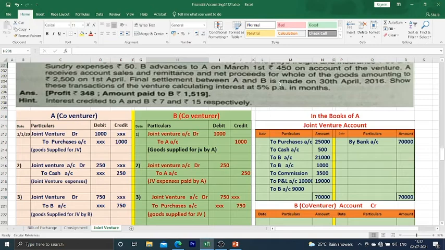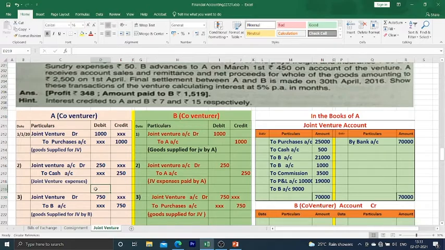Final settlement between A and B was made on 30th April 2016. Transactions started on 1st January and are to be closed by 30th April, 4 months. Show these transactions of the venture calculating interest at 5% per annum.